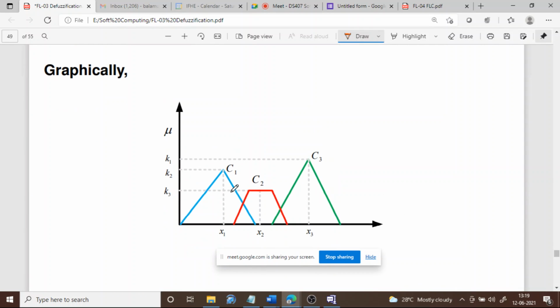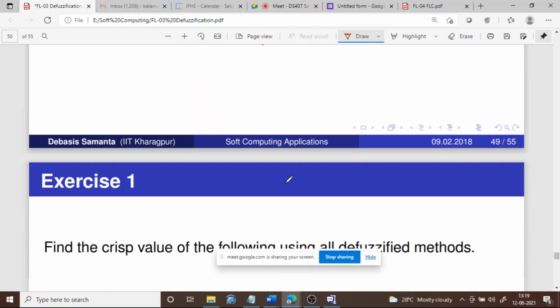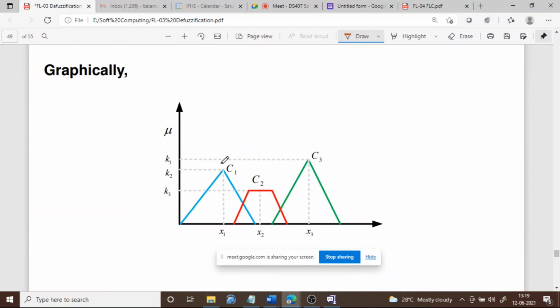If you have three plots something like this, each of these represents one membership function of a particular fuzzy set. So C1 is one membership function, C2 is another membership function, and C3 is another membership function.